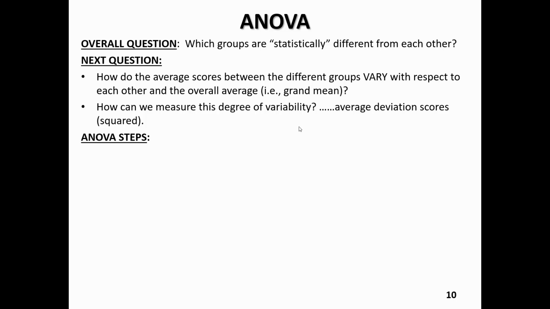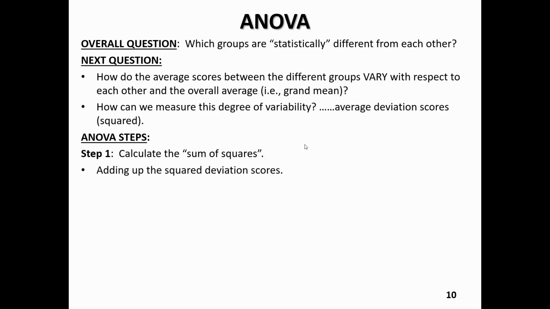and so that requires us to calculate an average deviation score that we are going to square. So to summarize the ANOVA steps, and we'll step through this in this series of videos, the first step is to calculate the sum of squares. As the term suggests, we calculate squared deviations, and once we calculate those squared deviations, we then add them all up.